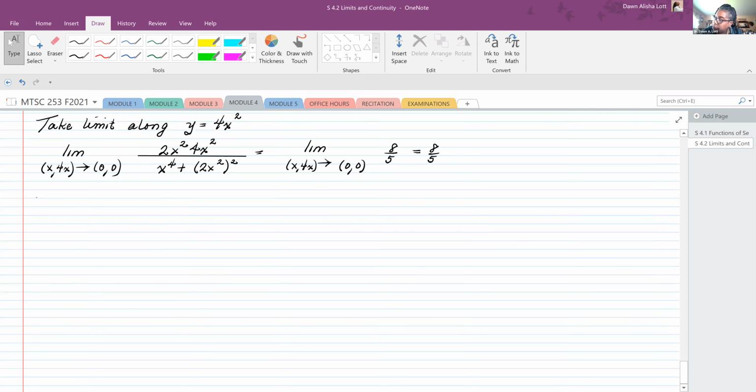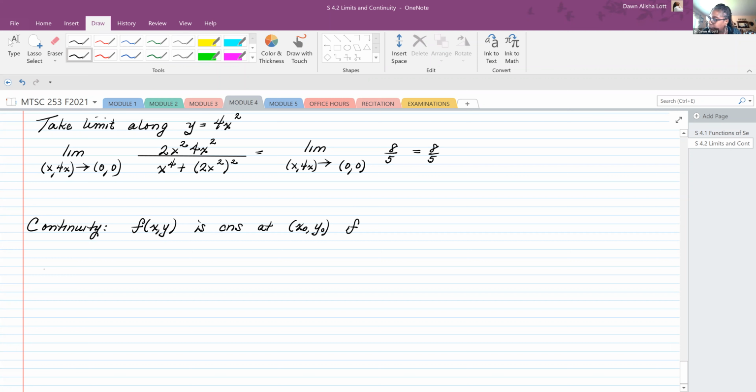Then we go on to continuity. And we have the continuity test. So we say f of x is continuous at the point x0, y0 if 3 things happen.